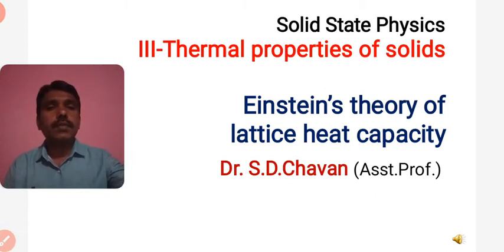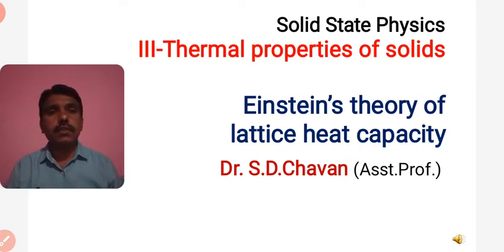In the previous session, we saw the classical theory of heat capacity, and Dulong-Petit's law, which states that whatever the vibrational energy is, it is independent of temperature and frequencies.